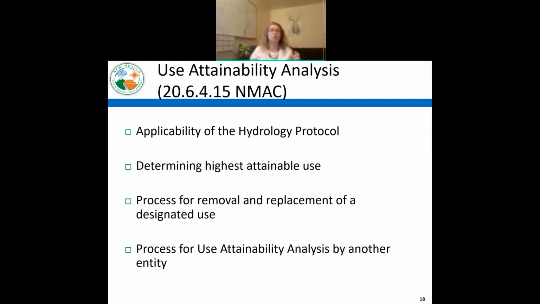And that includes more descriptions of the required elements for an expedited process using the department's hydrology protocol. And finally, amending language to provide consistency with the state's water quality management plan and continuing planning process, and adding clarity regarding the process for a use attainability analysis being conducted by an entity other than the department.